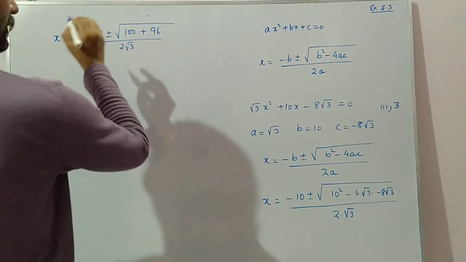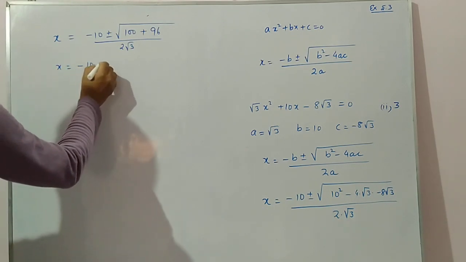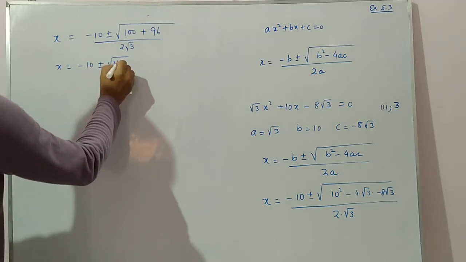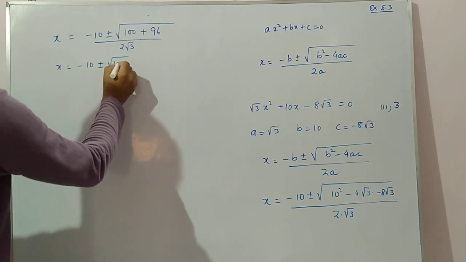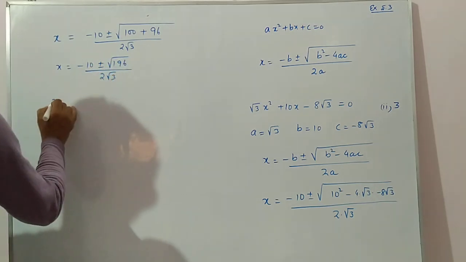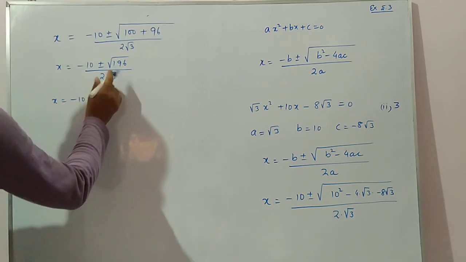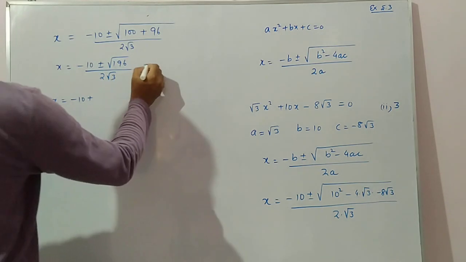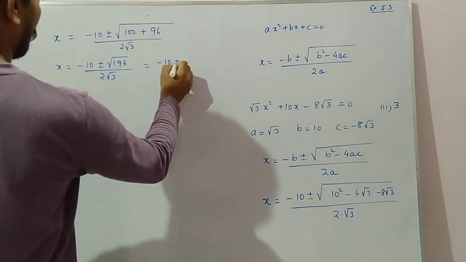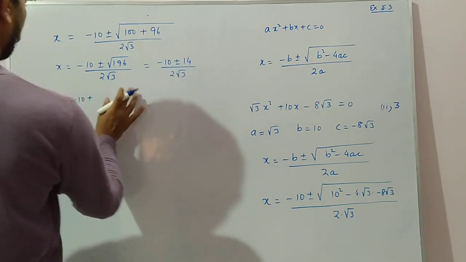Okay. So x equal to minus 10 plus or minus root over 196 by 2 root 3. We can write minus 10 plus or minus root over 196, which is 14, by 2 root 3.